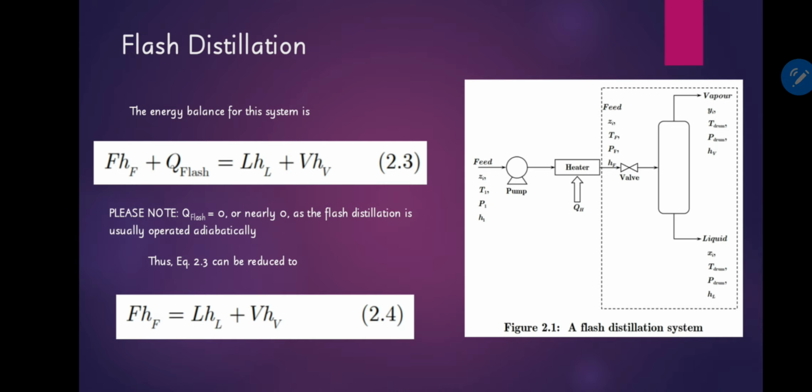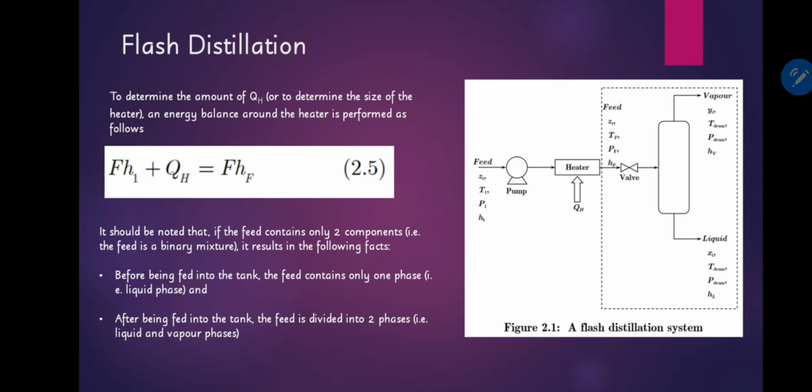But we need to consider that most often flash distillation is operated adiabatically, meaning Q flash will be equal to 0. Therefore, equation 2.3 can be reduced to F HF equals L HL plus V HV. That would be the energy balance only for the flash distillation system.